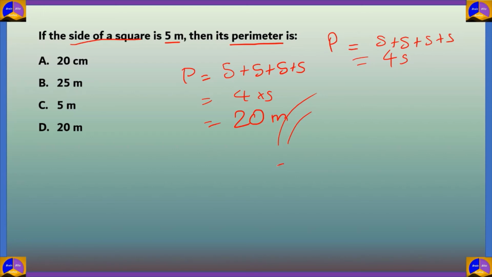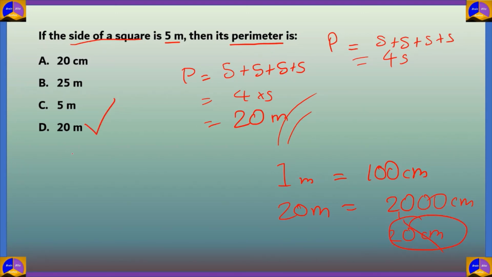Now 1 meter equals 100 centimeter. So 20 meter will become 2000 centimeter and not 20 centimeter. So the correct option is option D, 20 meter.